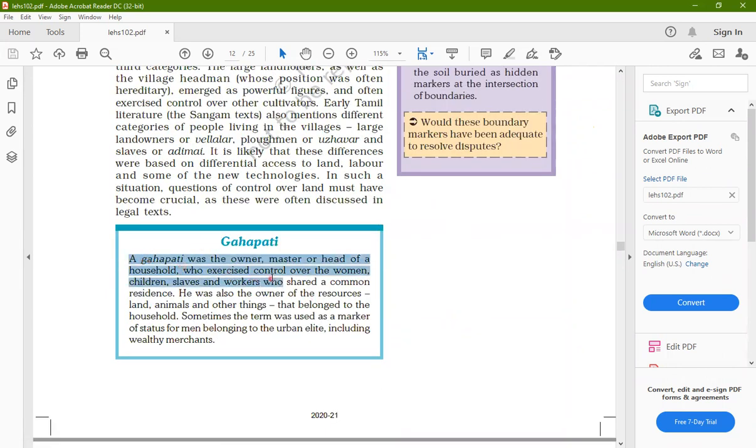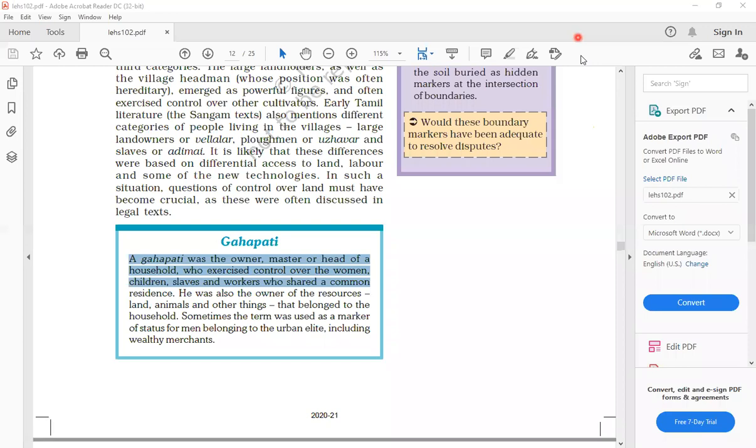Gahapati is an owner, master, or head who exercises control over their children, slaves, and workers. This is a very common answer you may give. But you can also write that this was a name used in Pali texts to designate the second and the third category.